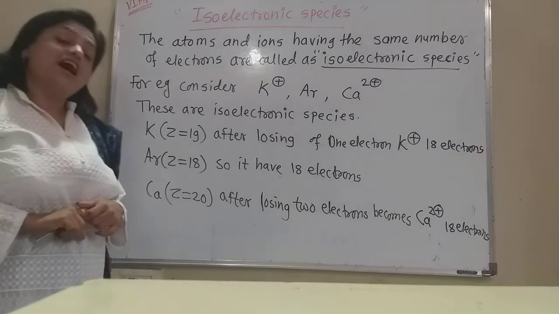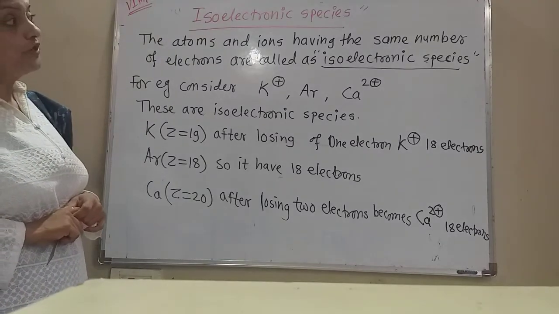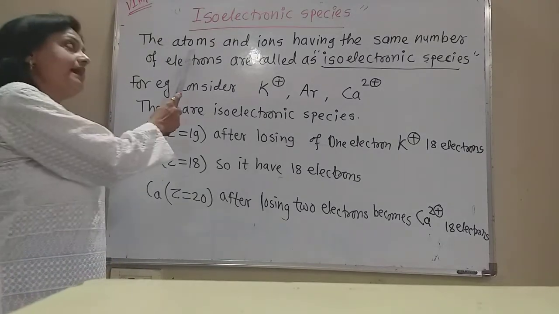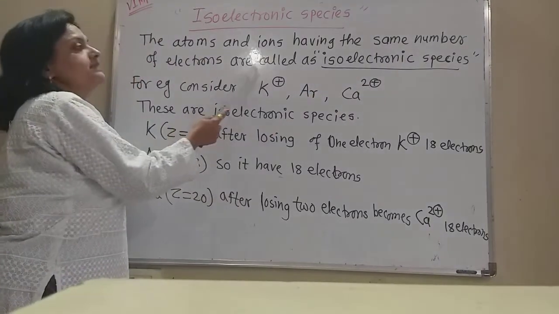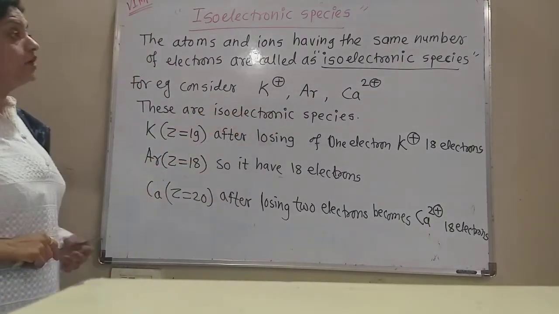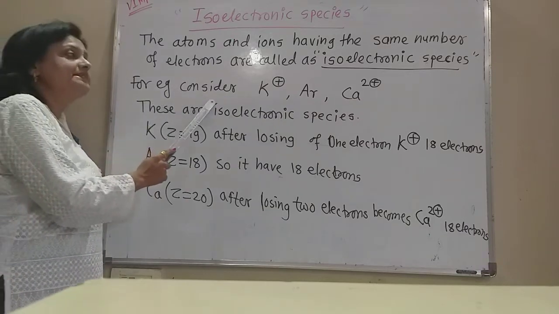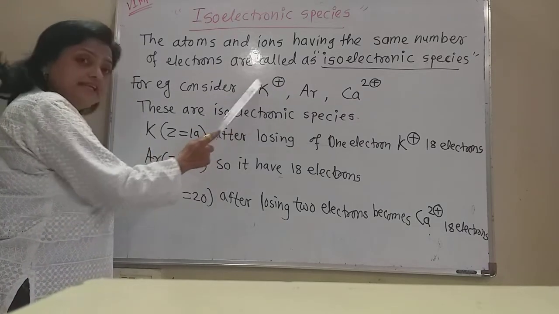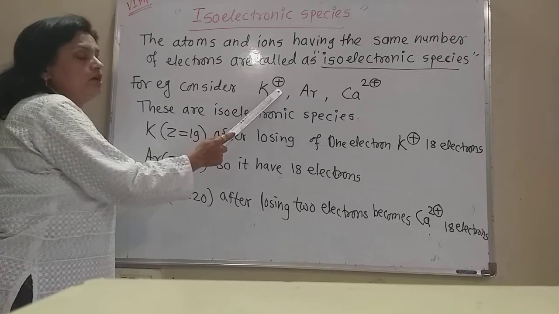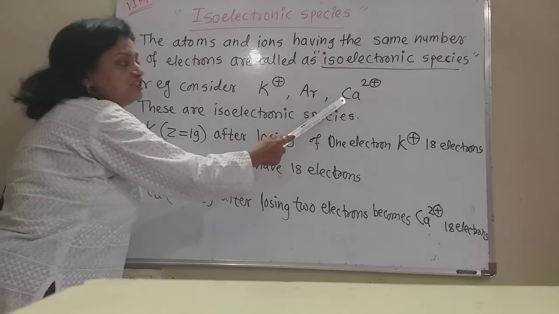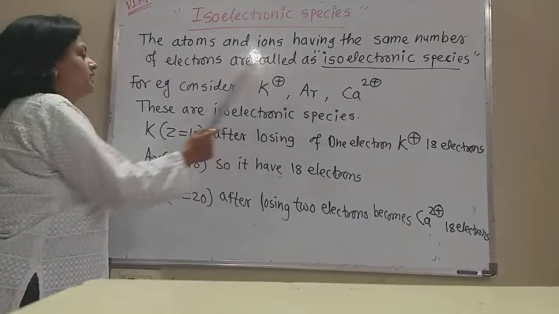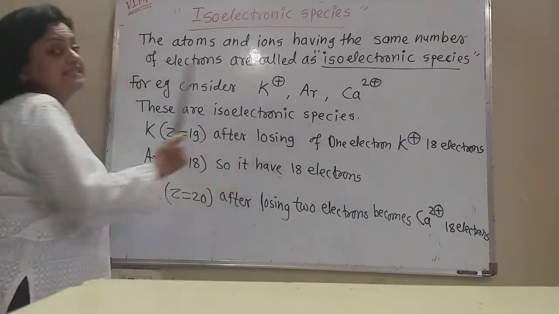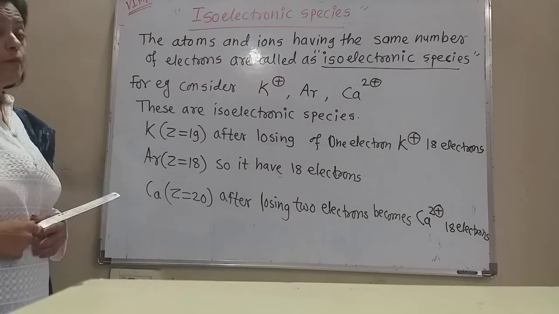Such atoms and ions are called isoelectronic species. For example, consider these three: K plus, that is potassium ion, argon, and calcium 2 plus, meaning calcium ion. These are isoelectronic species because they have the same number of electrons.